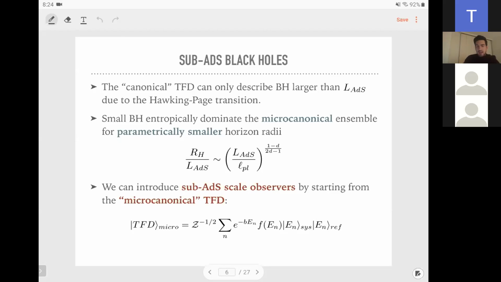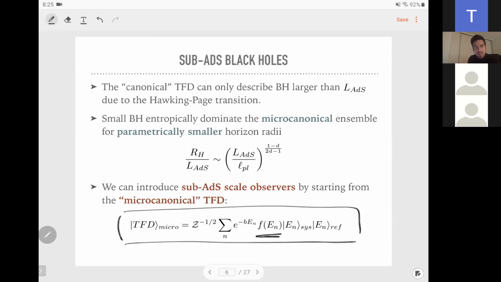An AdS black hole is a probe if the features of the spacetime are much bigger than L_AdS. But you can also do better. You can also define a microcanonical version of the thermofield double state, which is essentially identical to the thermofield double, but you include this kind of envelope function, which projects this entangled state onto a more narrow energy window.